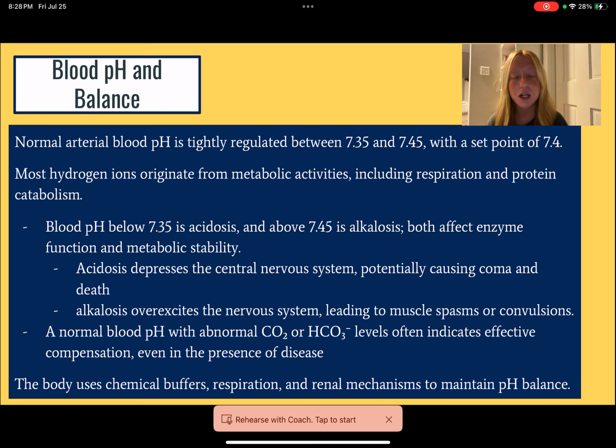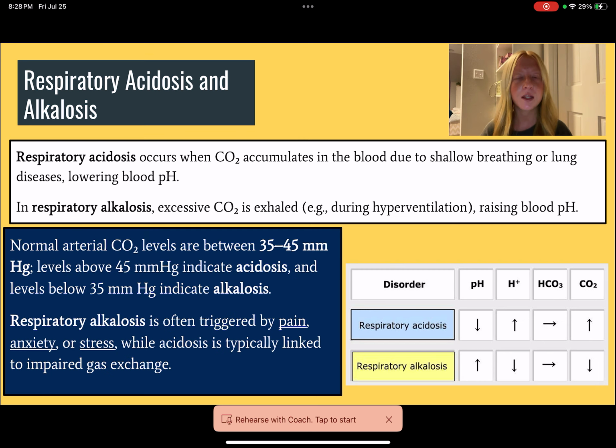A blood pH above 7.45 is considered alkalosis, and alkalosis overexcites the nervous system and leads to muscle spasms or convulsions. Both of these affect enzyme function and metabolic stability. The body uses chemical buffers, respiration, and renal mechanisms to maintain pH balance.